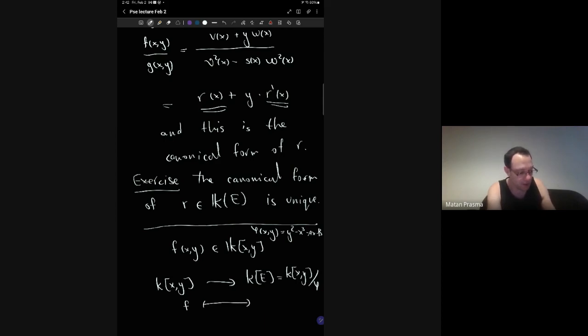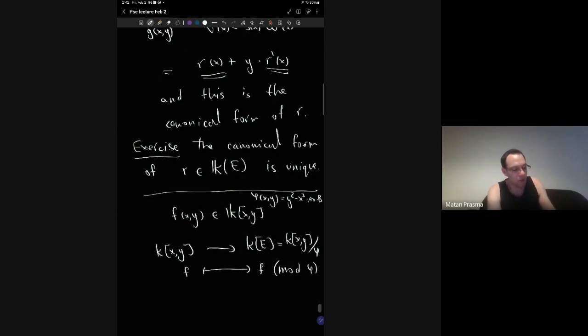f modulo phi, basically. But what does it mean to do the quotient ring, k[x,y] modulo phi?